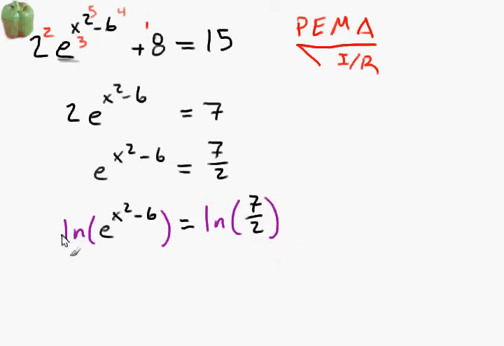Okay, these cancel, so our left-hand side becomes x squared minus 6, which is an expression that we can solve without too much fuss. And that's going to be equal to the natural log of 7/2.